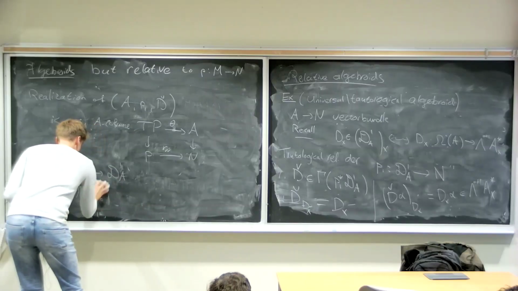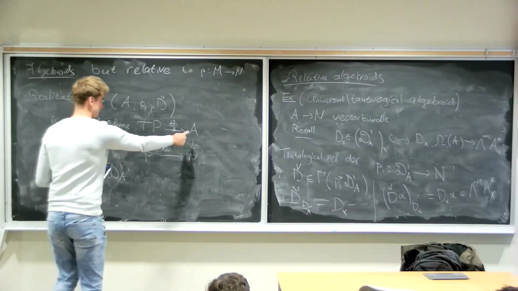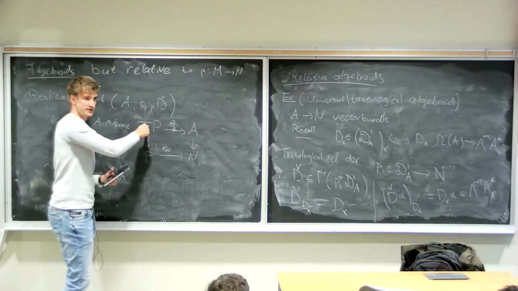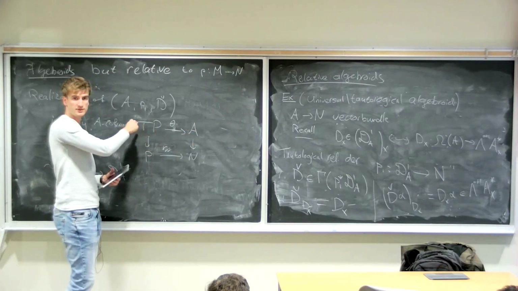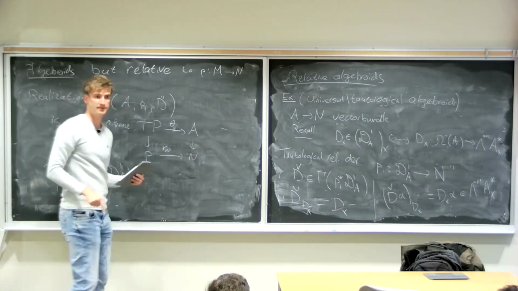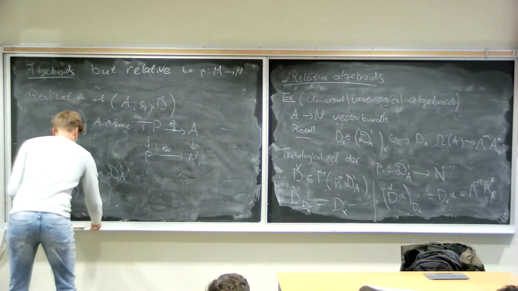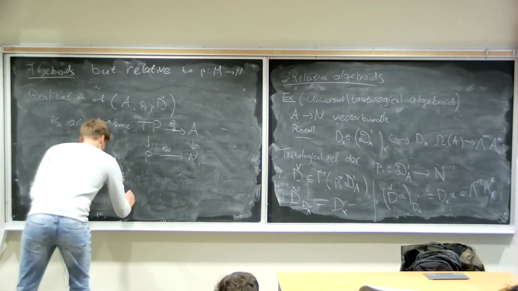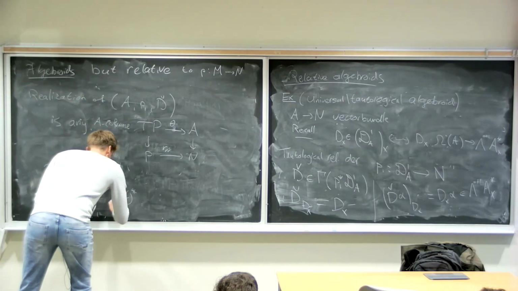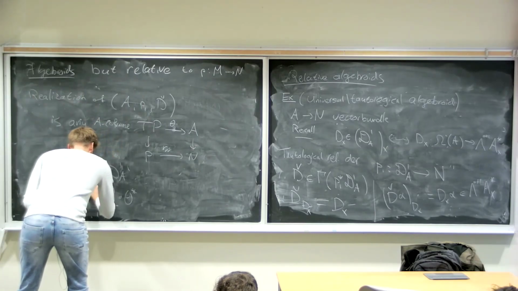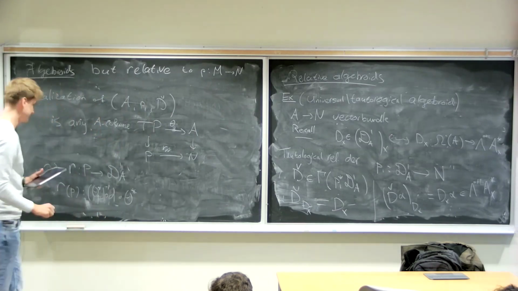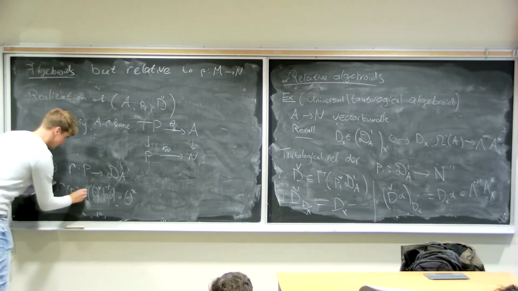Well, first we use theta to pull back forms to P. Then we can take the de Rham differential here, but then only pointwise can you push it back to A. But pointwise is fine because pointwise derivations are elements of our bundle. So first we go back, theta star composed with d, and then theta star at P inverse. This will be the composition.